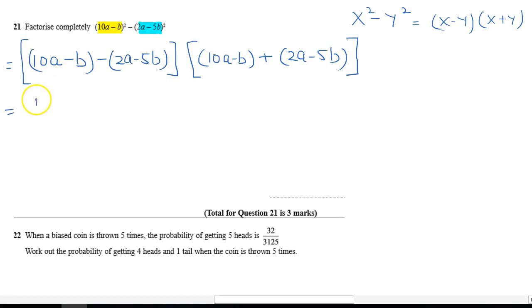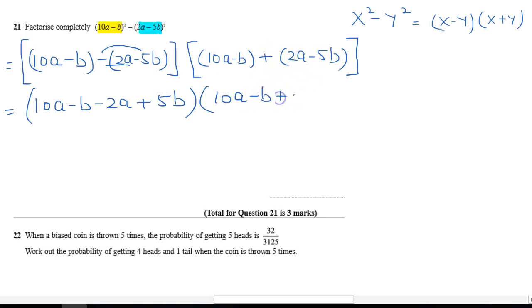There's a negative sign, so it will be 10a minus b. This will become minus 2a. This is negative and negative, plus 5b. This is the first bracket, and the second bracket is 10a minus b. This is a plus, so plus 2a minus 5b. It will remain the same. No sign will change. Here the sign will change because of that.